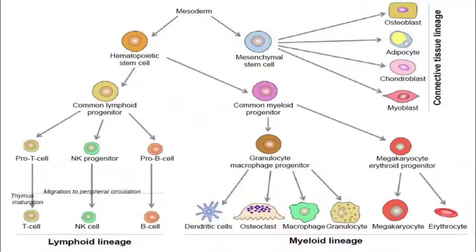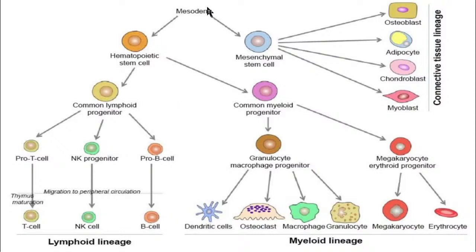And we have to look at this interesting scheme or diagram of the lineage of cells which participate in immune response and also in regulation of homeostasis. For example, lymphoid lineage, myeloid lineage, and connective tissue lineage. You will discuss that question in hematopoiesis, but look at this.